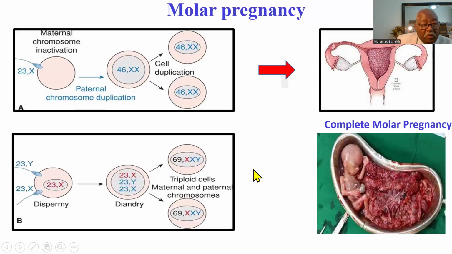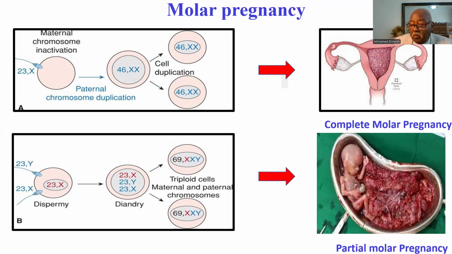The other one, whereby two sperms fertilize an ovum, dispermy, and here it gives you, instead of 46, 69 chromosomes. Either 69 with 3 X's, 69 with 2 X's and Y, or 69 with X and 2 Y's, and this gives you an incomplete or partial hydatidiform mole.